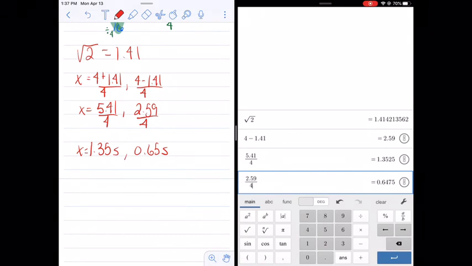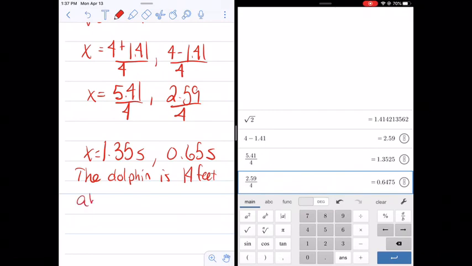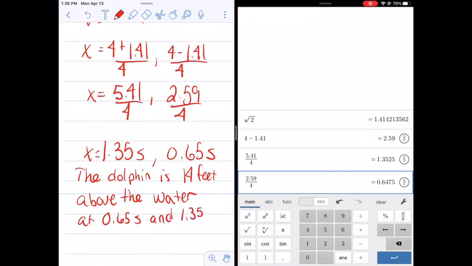So the dolphin is 14 feet in the air at 0.65 seconds, and again at 1.35 seconds.